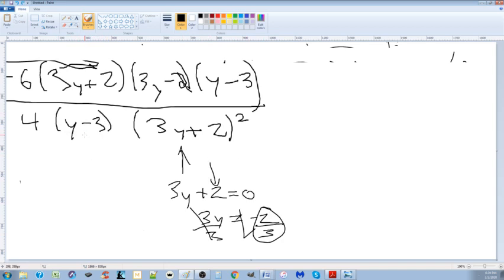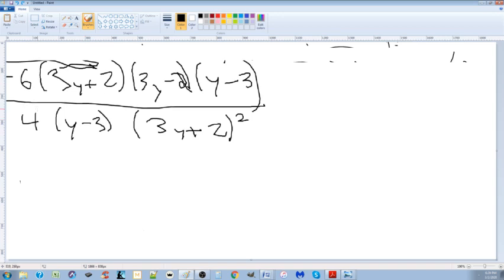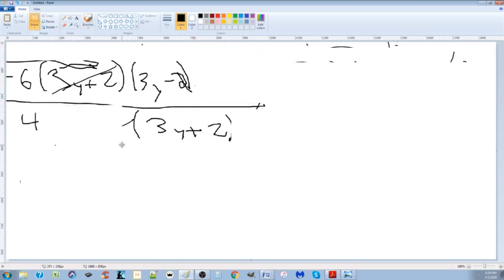Put them aside. Let's do some simplification. Okay, all right. I see a 3y plus 2 up here and 2 of them down here, so I'll just replace this with 1, or just the bracket, like that. I see a y minus 3 down here and 1 up here, so those just go away. Minus 6 up top can be divided by 2 and become a minus 3, and plus 4 can be divided by 2 and become a 2.